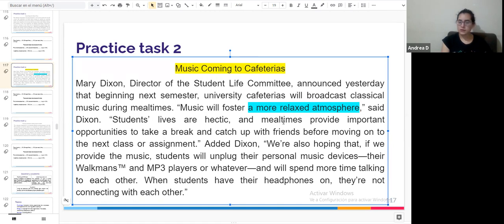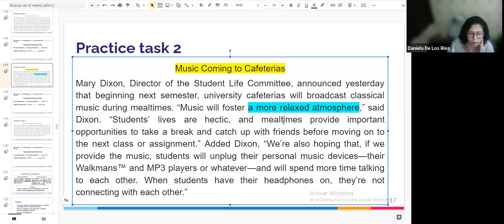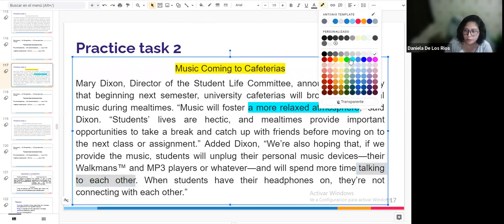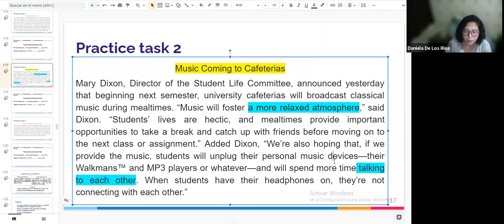Why else are they doing this? I think that they want the students to talk to each other, and they just leave their Walkmans or that type of things and try to socialize, I guess.